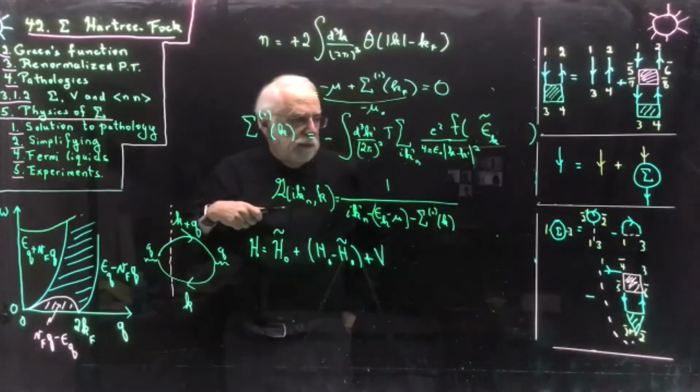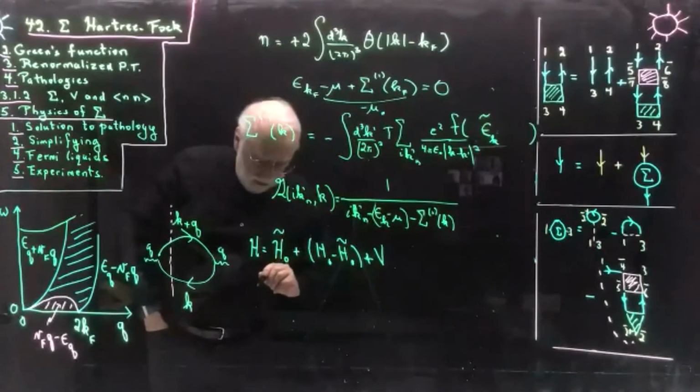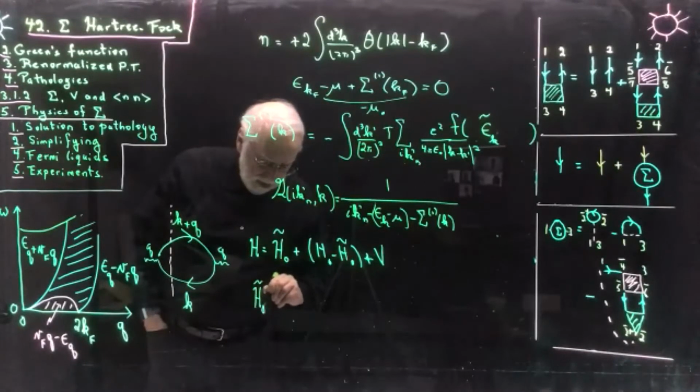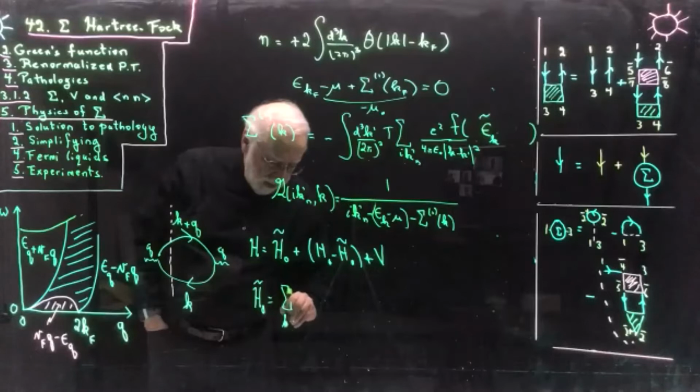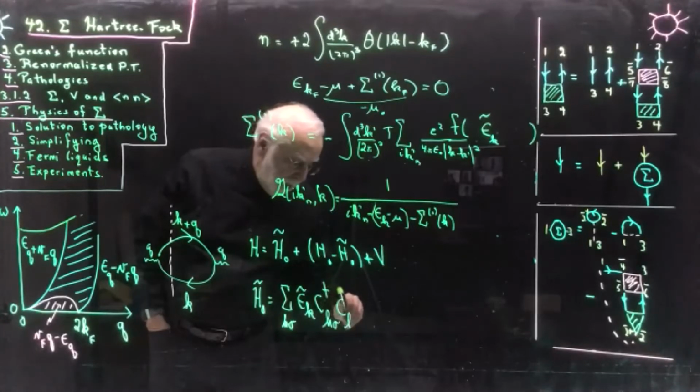So in other words, what I tried for H0 tilde is just the sum over k, sum over spins of some trial epsilon tilde of k, c dagger k sigma, c k sigma.